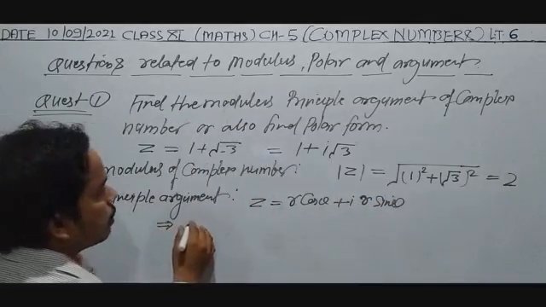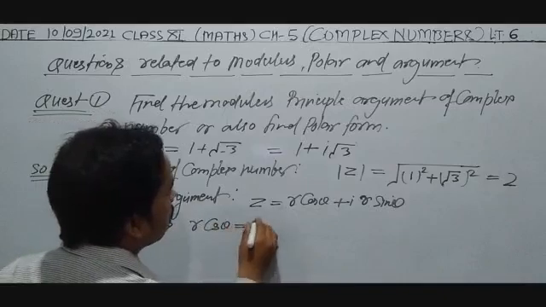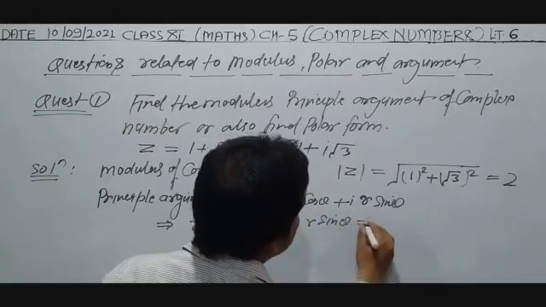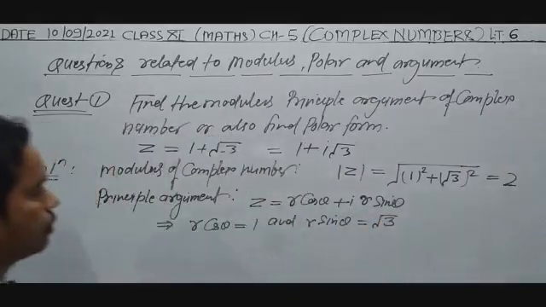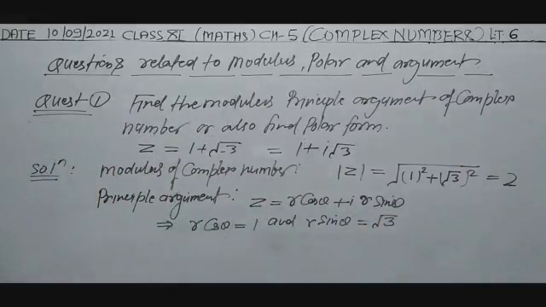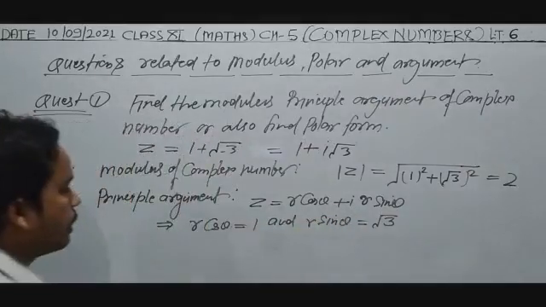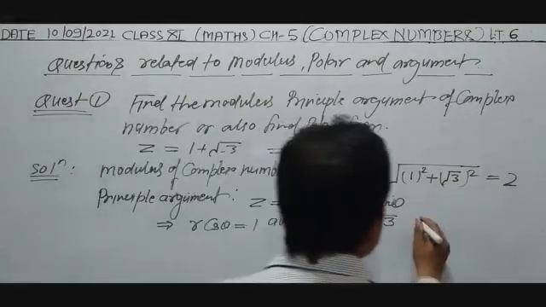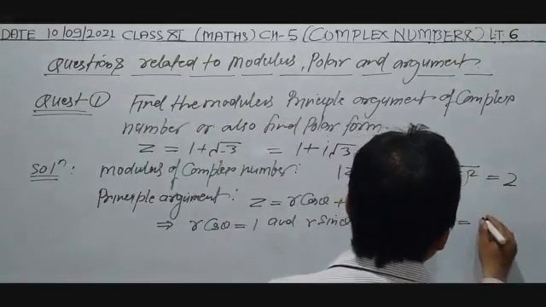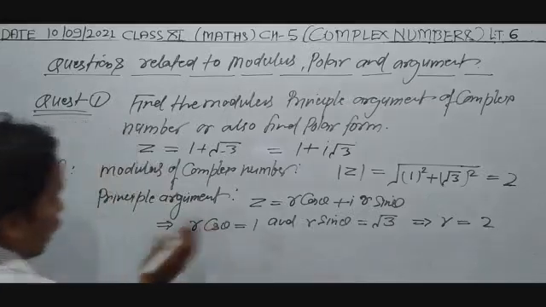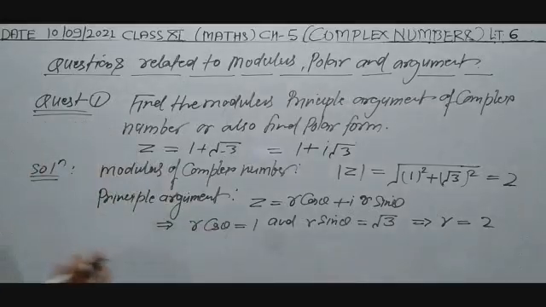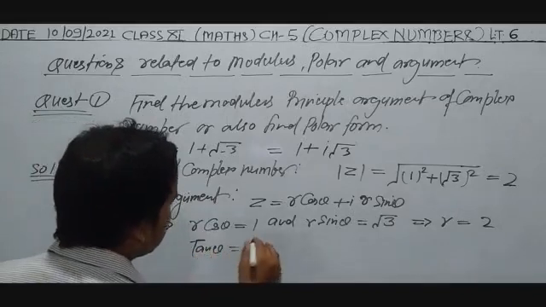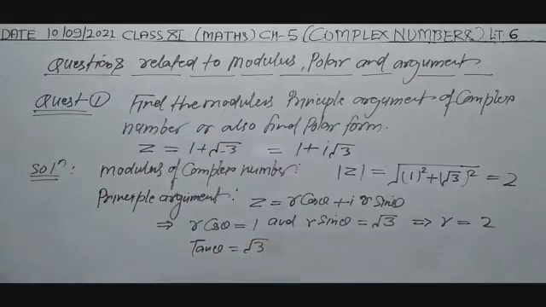This implies r cos theta is equal to 1 and r sin theta is equal to root 3. So squaring both sides and then adding, you will get r square is equal to 4, so r is 2, and r is mod of z. Dividing them, the result will be tan theta is equal to root 3.